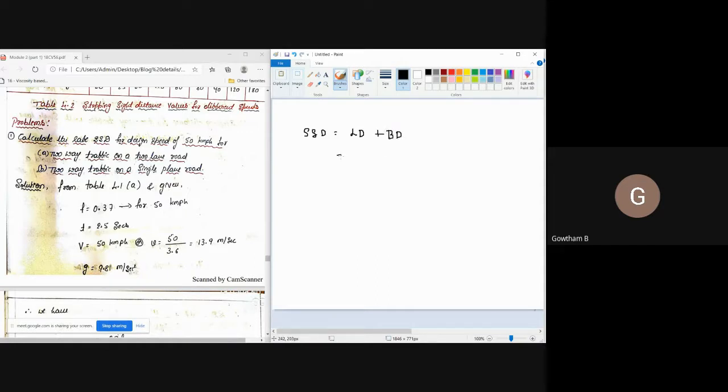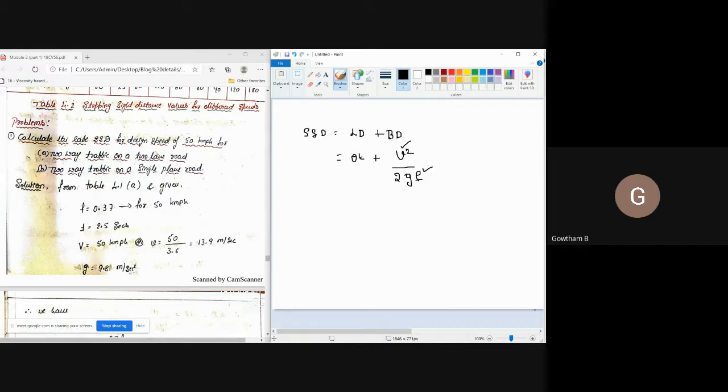Lag distance is given by the formula V into T, plus braking distance is given by the formula V square divided by 2GF, where V stands for speed of the vehicle in meters per second, G stands for acceleration due to gravity, and F stands for coefficient of friction. Based on the speed value, you have to take that F value.